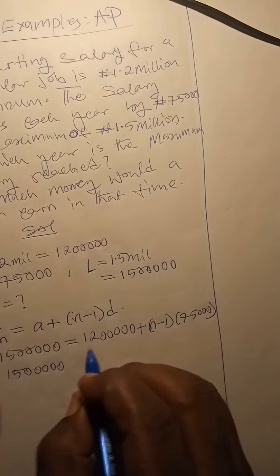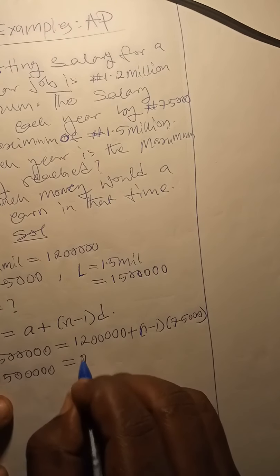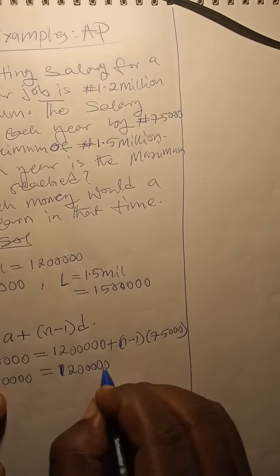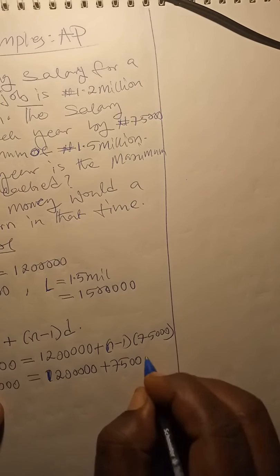1,500,000 is equal to 1,200,000 plus 75,000 N minus 75,000, if you open the bracket.